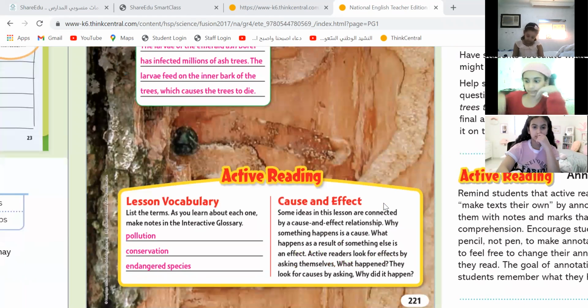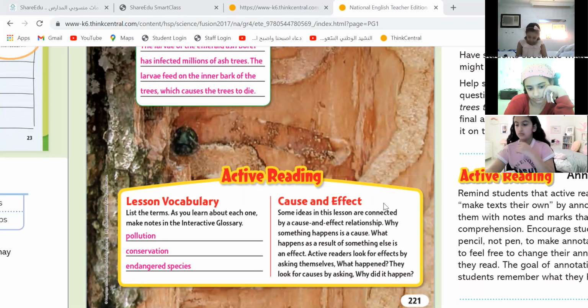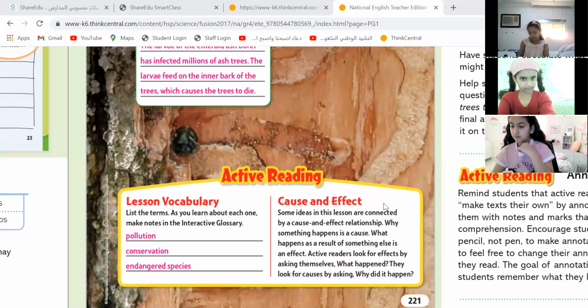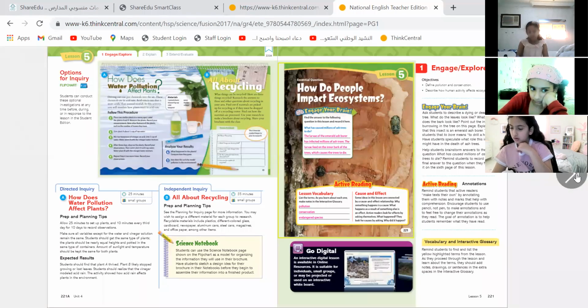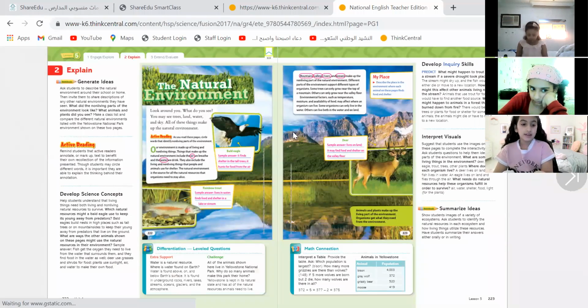In this lesson, we are going to learn the words pollution, conservation, and endangered species. Everyone knows what pollution is, and conservation means to save the resources that we are using, or to use something wisely. And endangered species, do you know what it means?